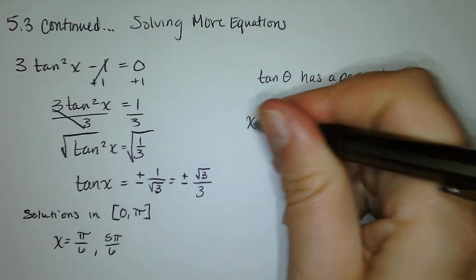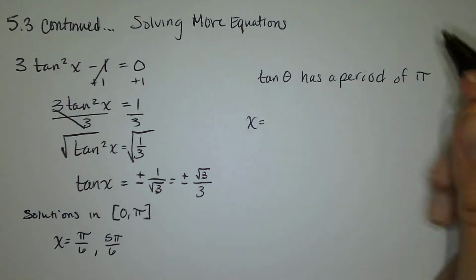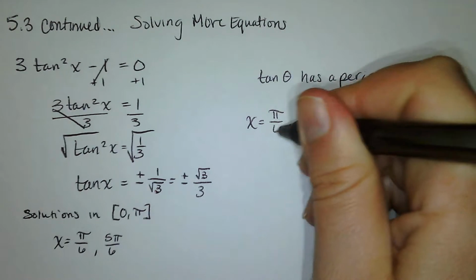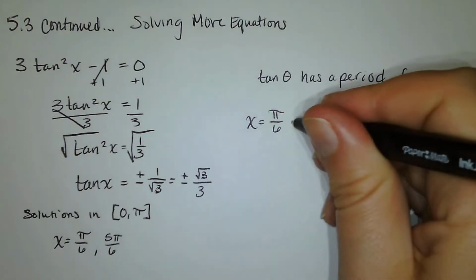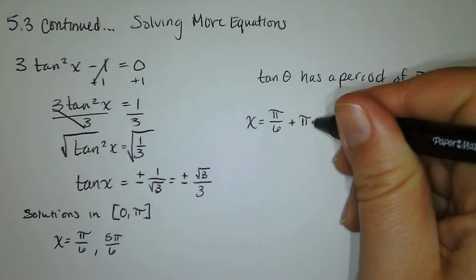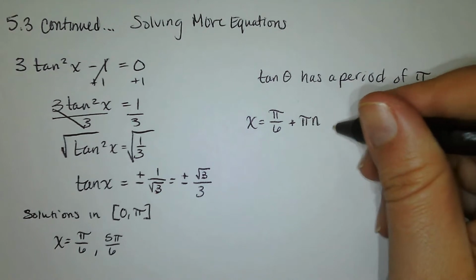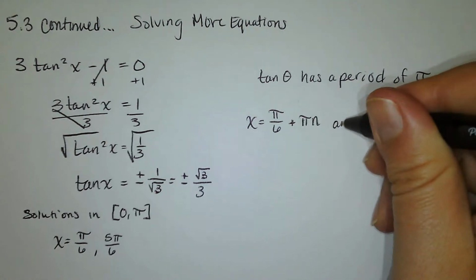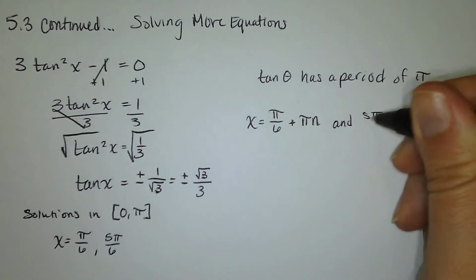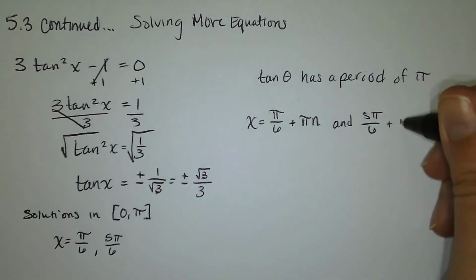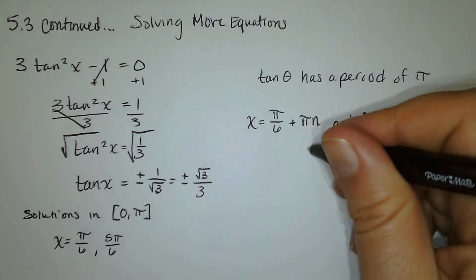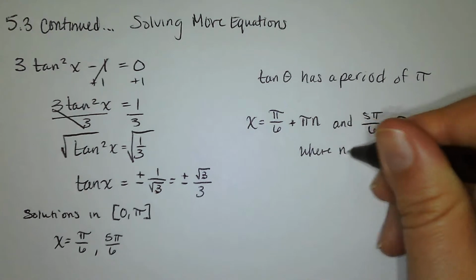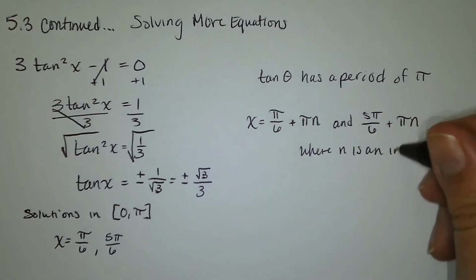So our final solutions are going to be x equals pi over 6, and just like the other day, plus pi n, and 5 pi over 6 plus pi n, where n is an integer.